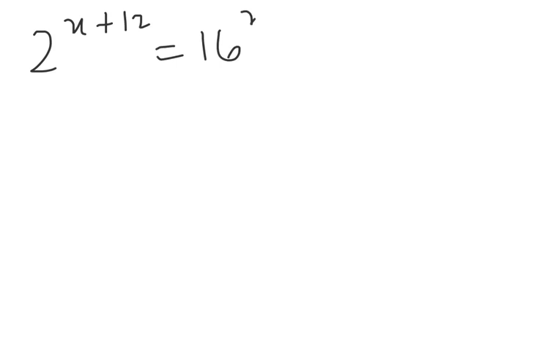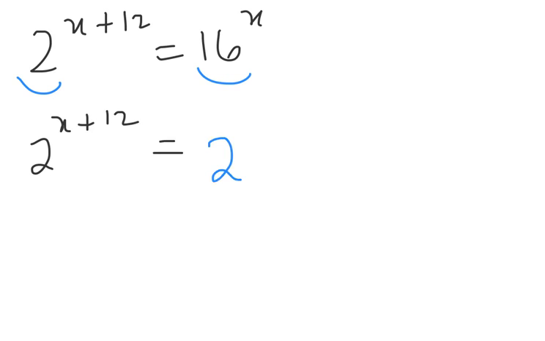Right, so this is 16 to the power x, or again, let's ask the question, this 16, can we put it so that we can have a 2? Because we have this 2 over here, x plus 12. So ideally, we would want a 2 over there. So let's see.